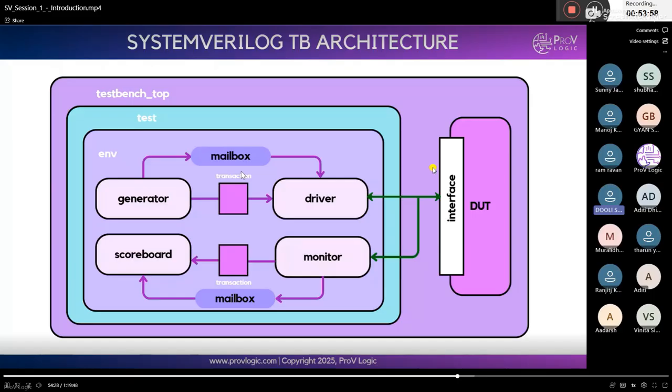And in the scoreboard, we will compare the actual data and the output data from the DUT, whether it's equal or not. Okay. What is the use of mailbox? The stimulus generated by the generator will be driven to the driver using the mailbox. It is used for inter-process communication.